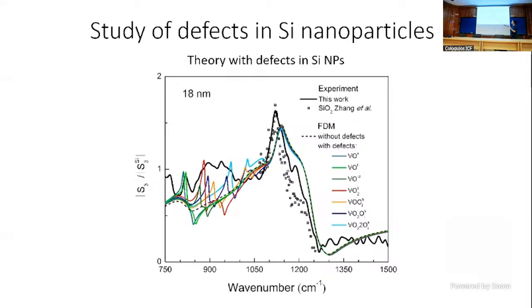This is why it's more interesting to use the synchrotron radiation. Okay, but going back here, this part is basically the silicon dioxide. Here you see the details are not exactly the same, but we have sharp structures corresponding to, for example, silicon with a vacancy together with an oxygen atom in different configurations, or two oxygen atoms combined with a vacancy.